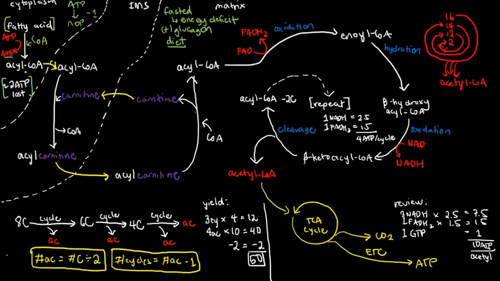Now, regardless of the length of the fatty acid, it will freely be able to penetrate this thing right here, which would actually be my representation of the outer membrane of the mitochondrion.